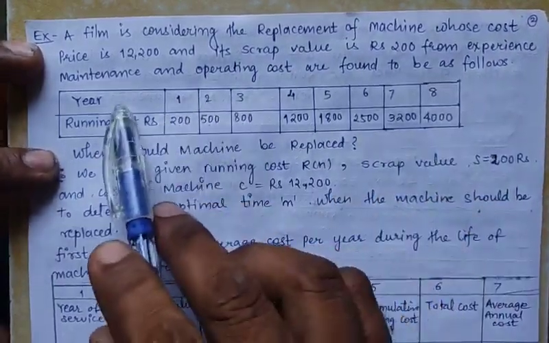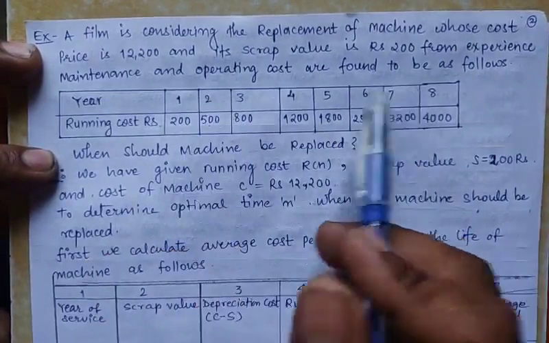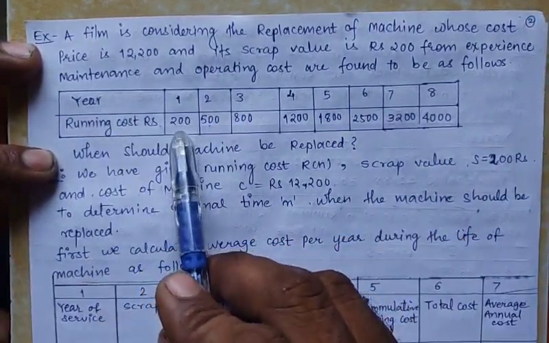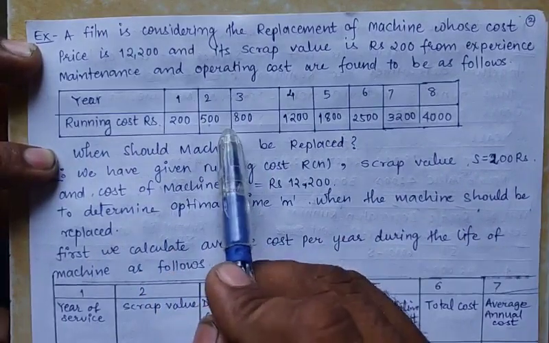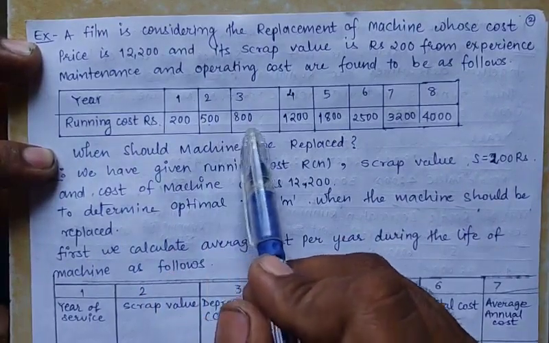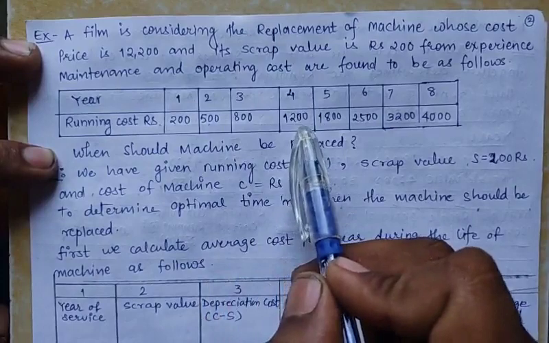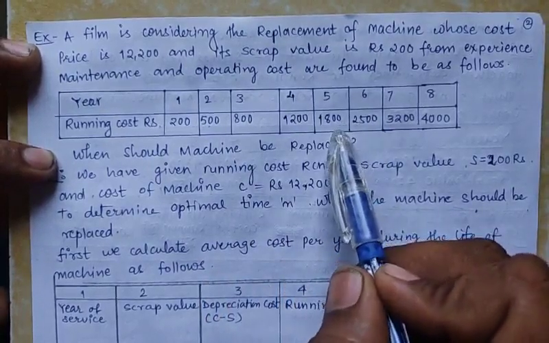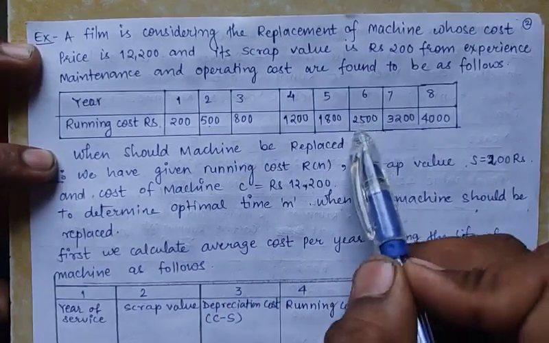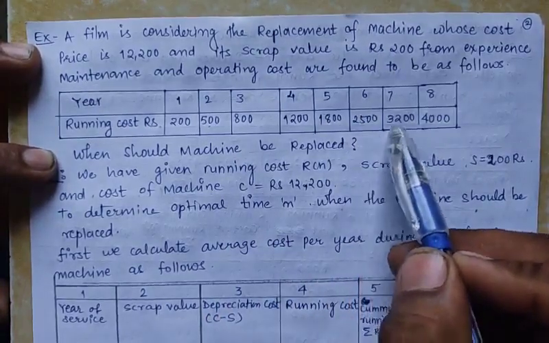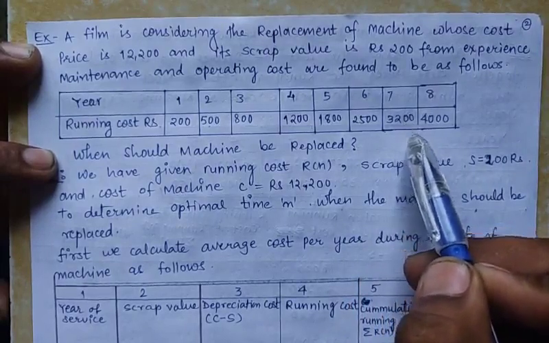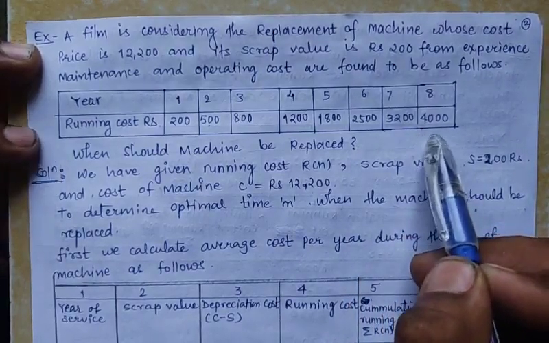We have given the number of years, total 8 years, and each year's running cost: first year 200, second year 500, third year 800, fourth year 1200, fifth year 1800, sixth year 2500, seventh year 3200, and the last, eighth year, 4000.